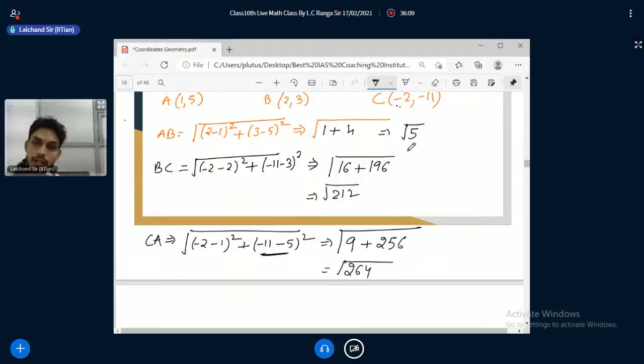Okay. So can you tell me the relation between AB, BC and CA, whether these points are collinear or not? Is the relation of collinearity satisfied here?